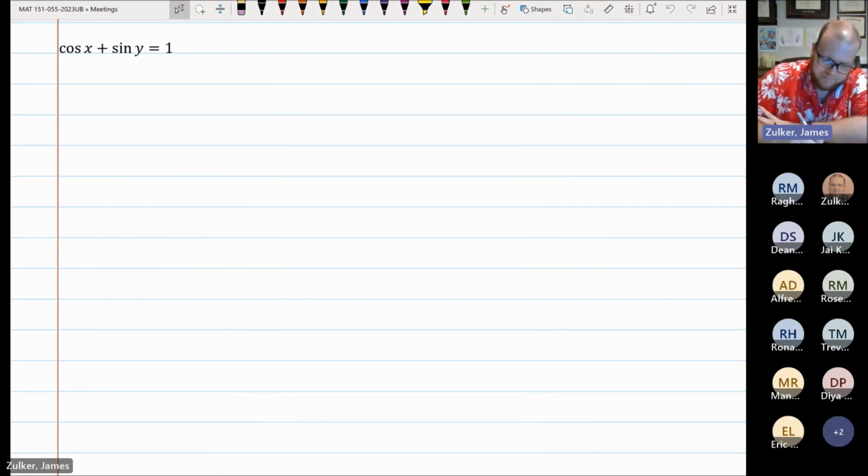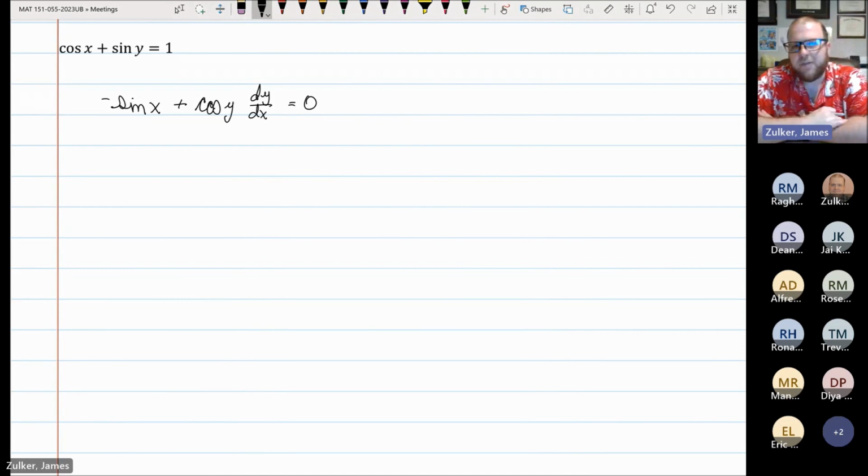Derivative cosine. Derivative of sine of y. And then derivative of 1.